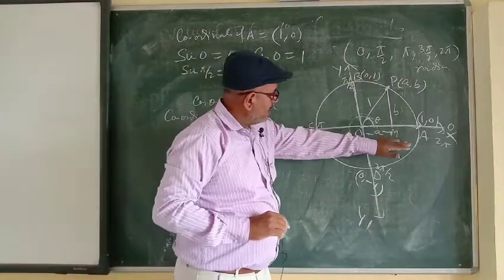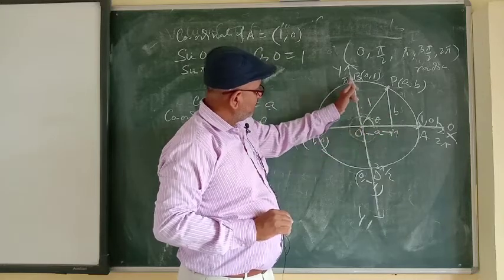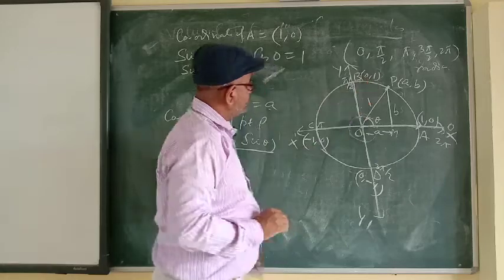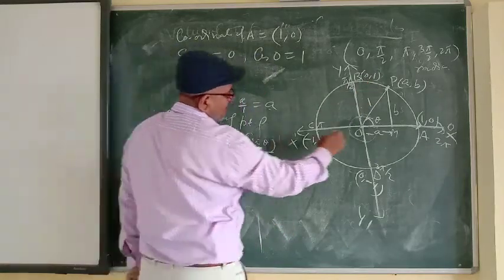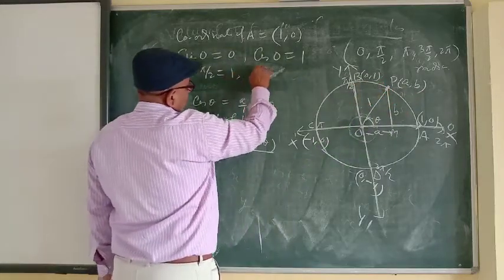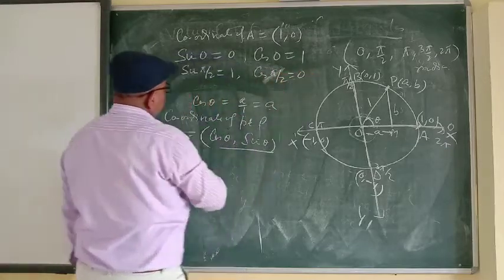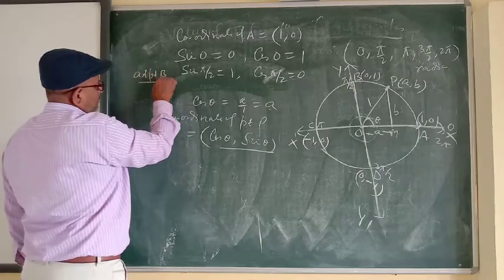When the ray OA coincides with OB, then the terminal side will be OB. And what is the coordinate of B? 0, 1. So sin pi by 2, sin means second component, so the second component is 1 here. And cos pi by 2 is 0. It is at point B.